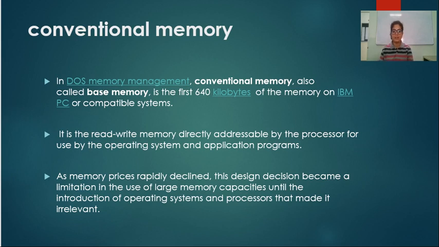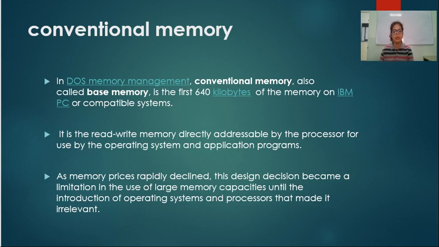conventional memory. Now what is conventional memory? In DOS operating system memory management, conventional memory was also known as base memory, because it is the first 640 kilobytes of the memory of IBM PC and compatible systems.